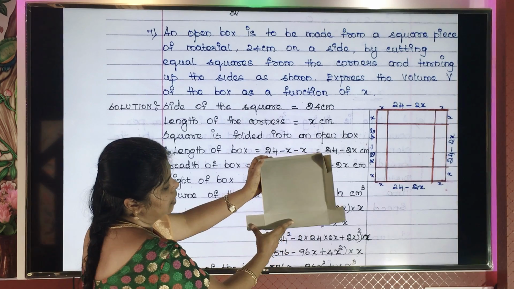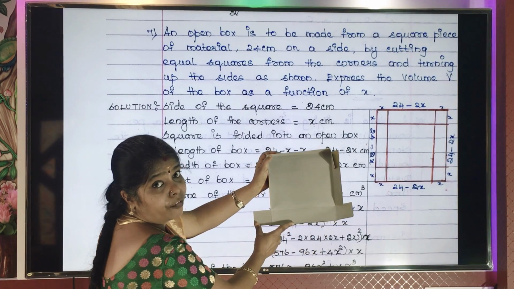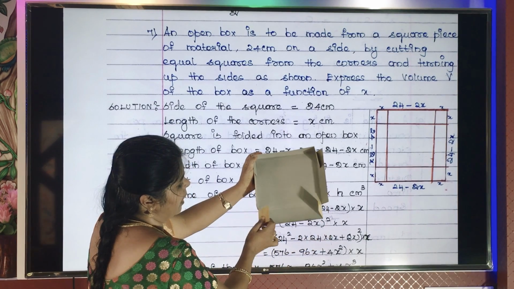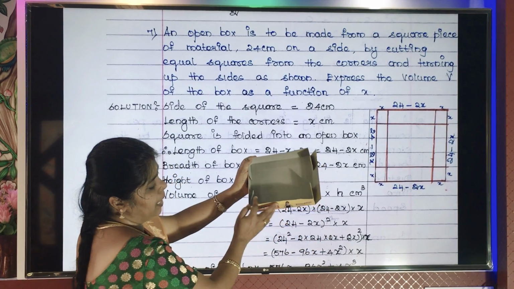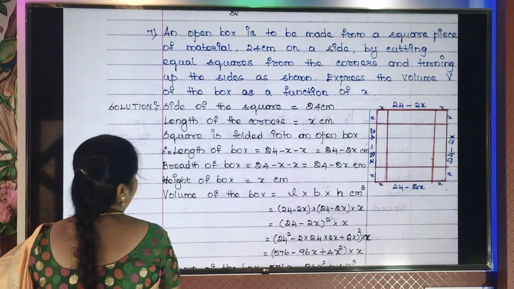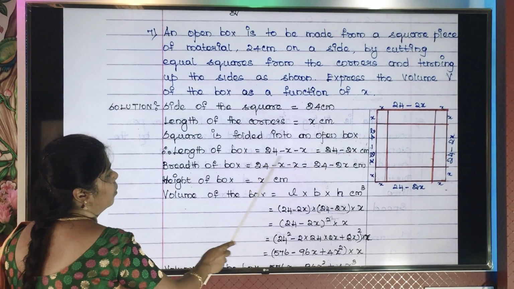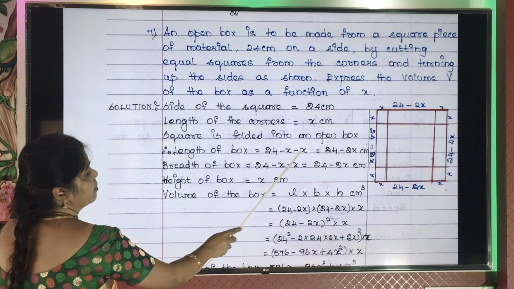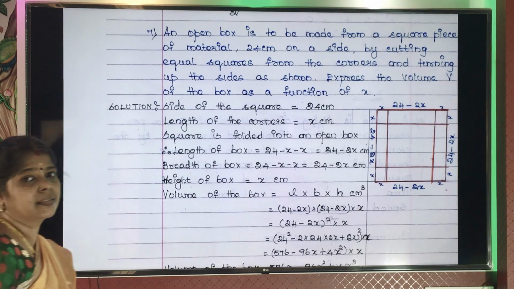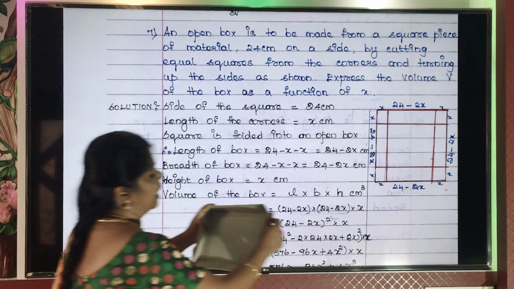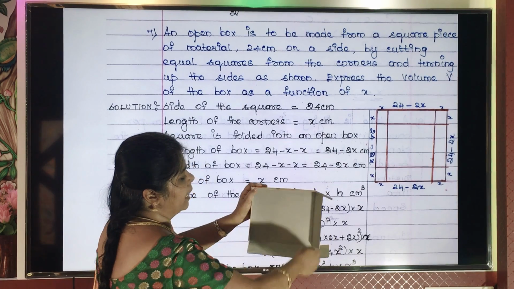Earlier it was of bigger length. Now minus x, minus x. So you are subtracting x on both the sides. So now the length will be 24 minus x minus x. So 2 times minus x. So it is 24 minus 2x. This is the length.